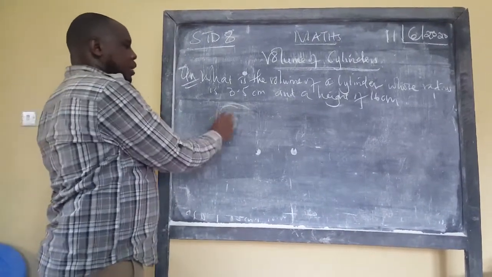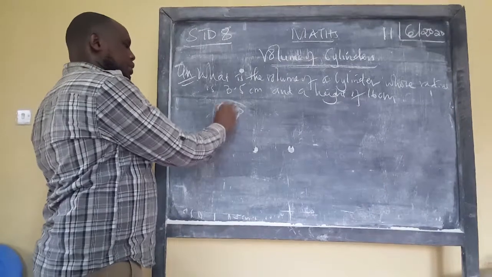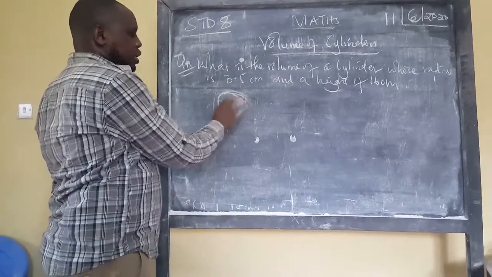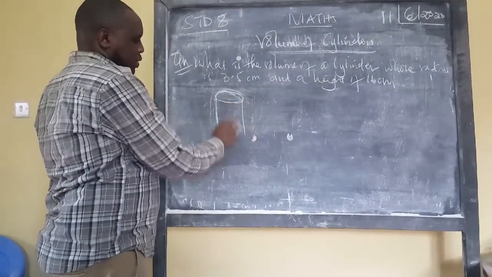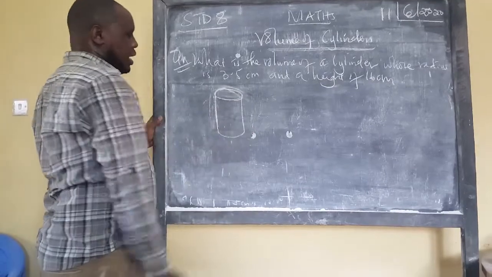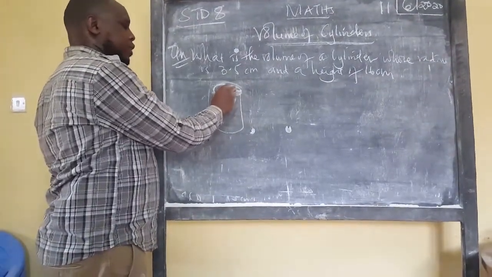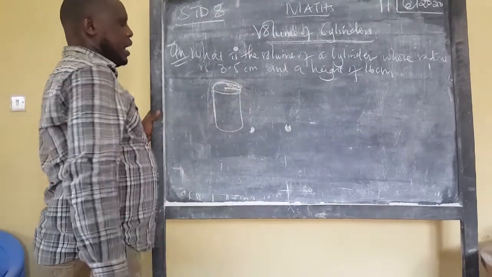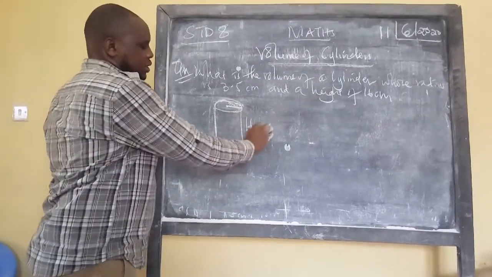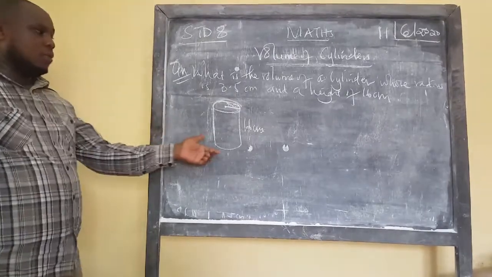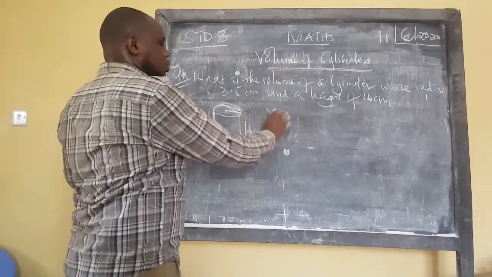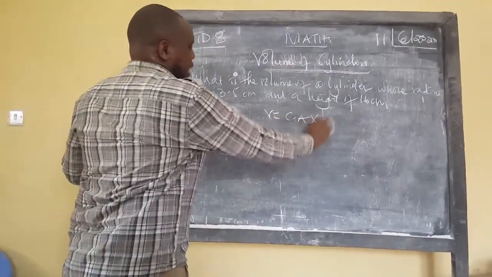Now, if you can remember, we said our cylinder looks like this, a shape that looks like this, and we are told in our case here, our cylinder has a radius of 3.5 centimeters and a height of 16 centimeters. So for us to be able to get the volume of this, volume is equal to cross-sectional area times height.